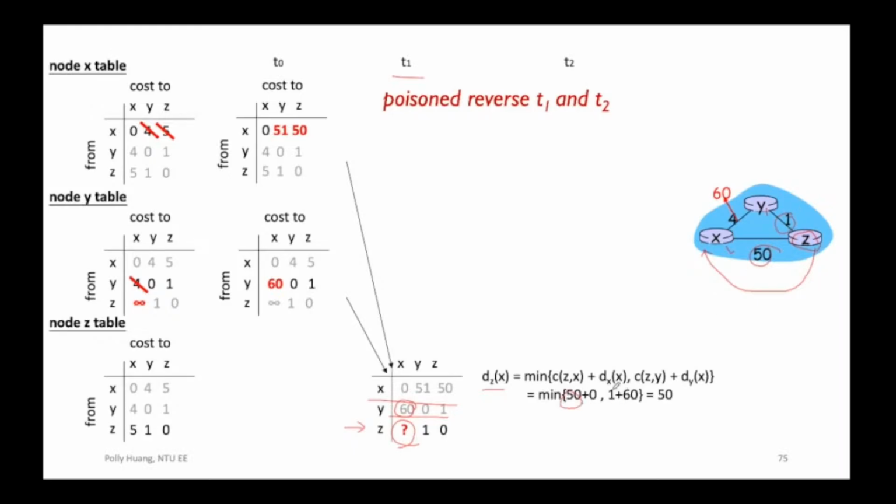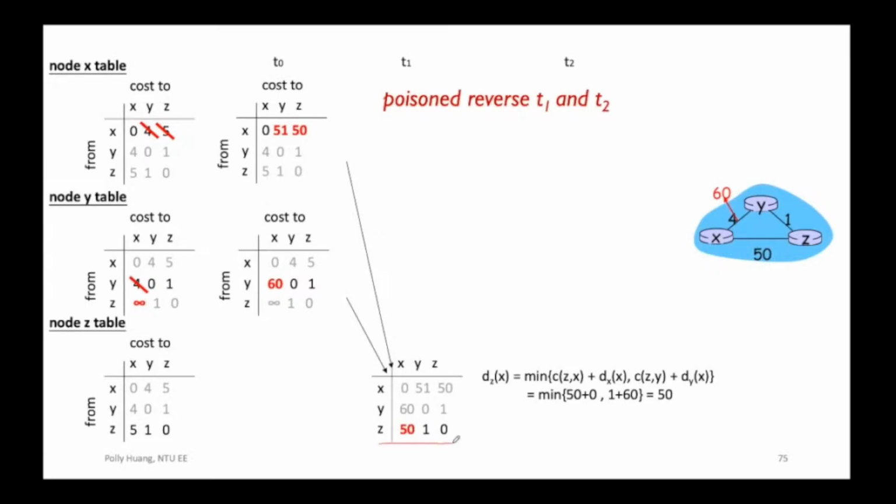The dxx and the dyx: dxx value 0, dyx value 60. So 0 here, 60 here. Comparing 50 to 61, 50 wins. And you see here, from z to x, we're taking just this link, zx, as a direct path to destination x. Quite different, isn't it?